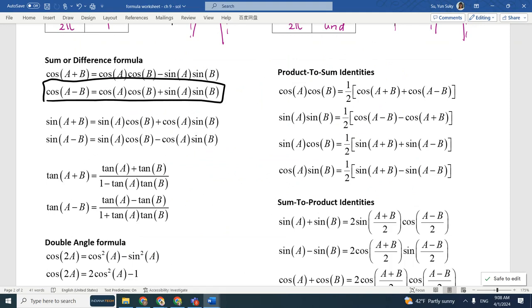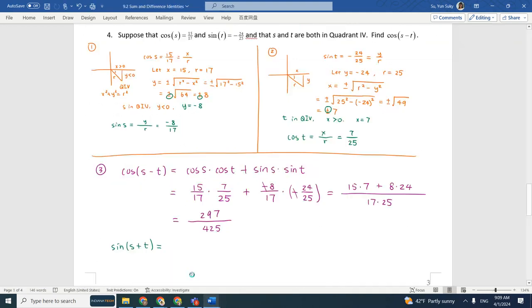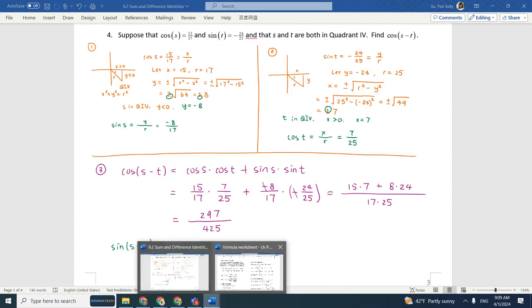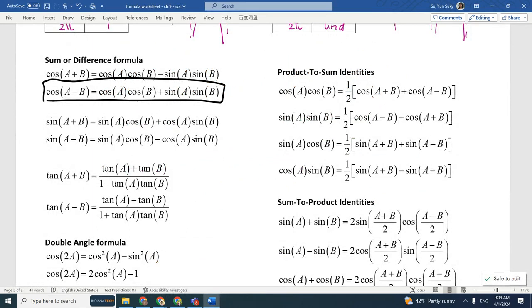So we look at the sine formula, and it's the sum, right? So A is like the S, B is like the T, right? So it's sine S cosine T, and then plus cosine S sine T, right?